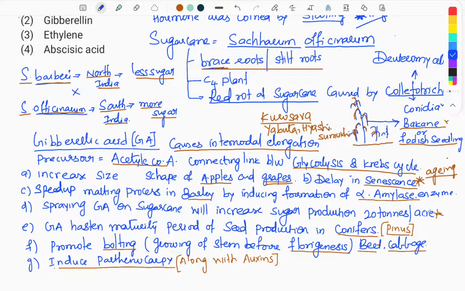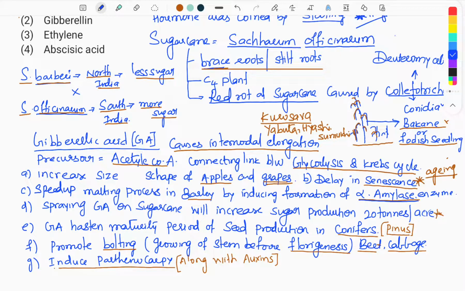We know that by the fermentation of barley germinating grains, beer is obtained. So here in barley, seed germination is sped up. It is made very rapid due to the promotion, inducing the formation of alpha amylase enzyme. Do remember alpha amylase enzyme.